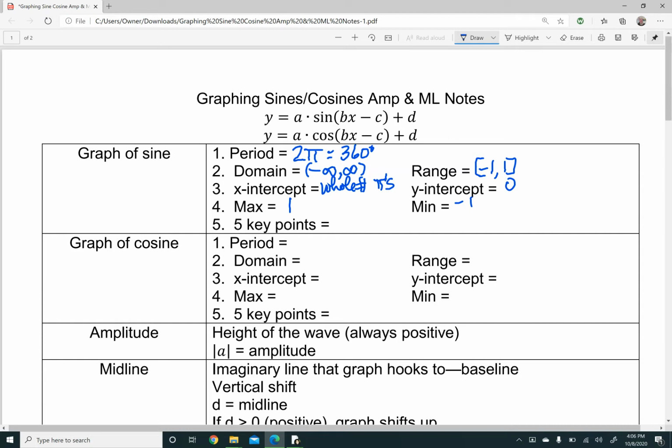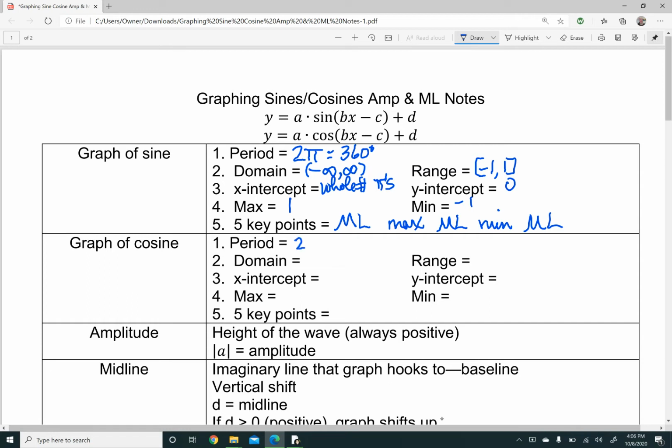And every graph of sine and cosine has 5 key points in one period. And so I like to call them the midline or the baseline, the max, the midline, the min, and the midline for the graph of sine.